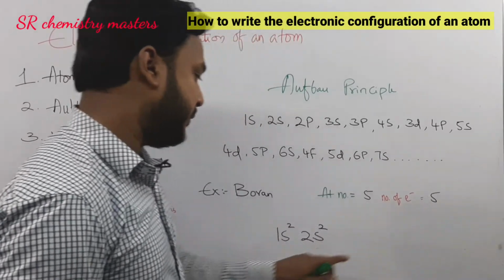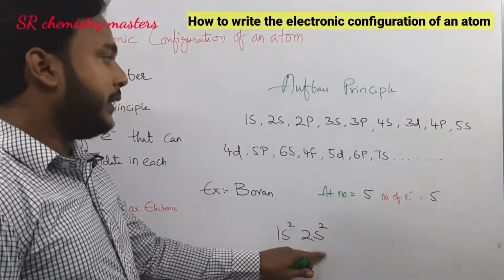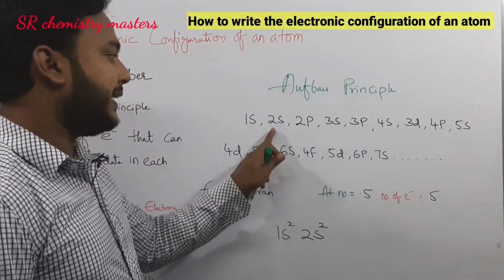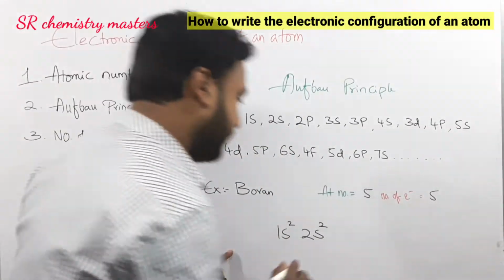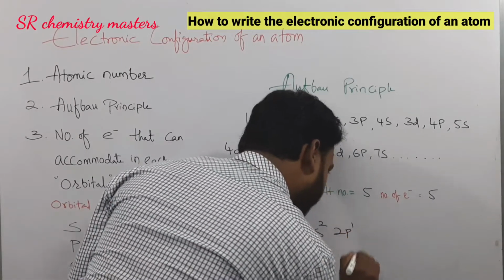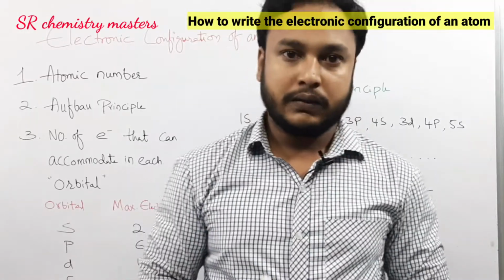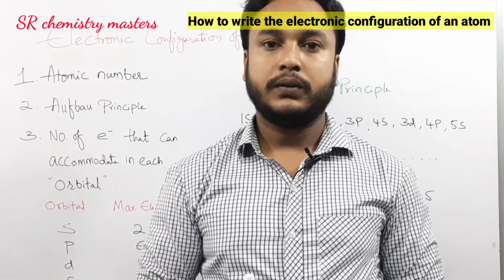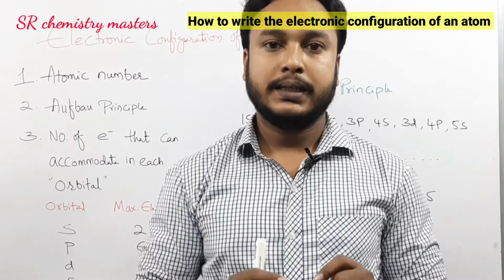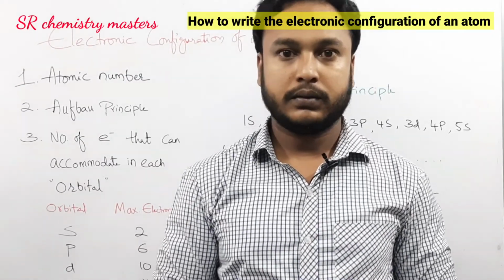Out of 5 electrons, we have given 2 to 1s and 2 to the 2s orbital. The remaining 1 electron enters the next orbital, the 2p orbital. This is the electronic configuration of boron. Always remember, you should not distribute more electrons than the atomic number.